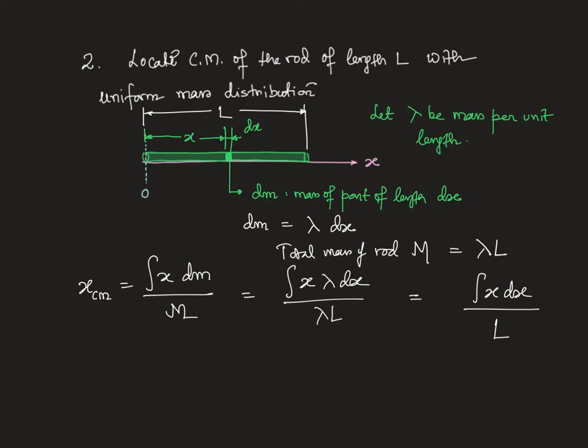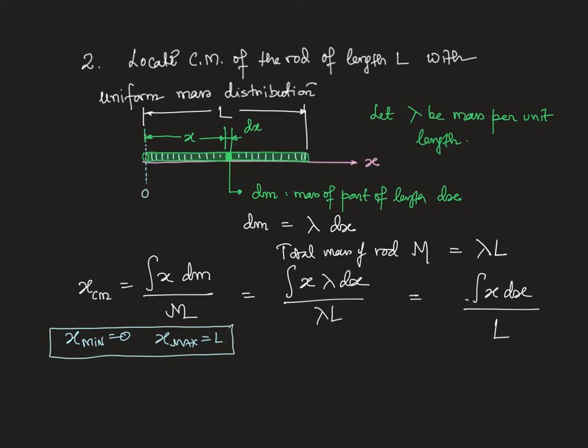So what will be the limits of x? To cover the entire rod, so that no mass is left out, you have to break it up into these small elements like this dx, right? These small masses. So here the minimum value of x is how much? x minimum is 0 and x maximum is L. This is what you have to choose to cover the entire rod.